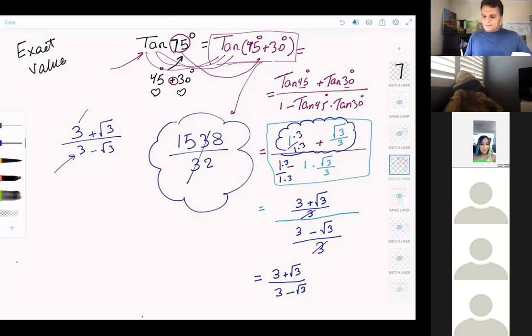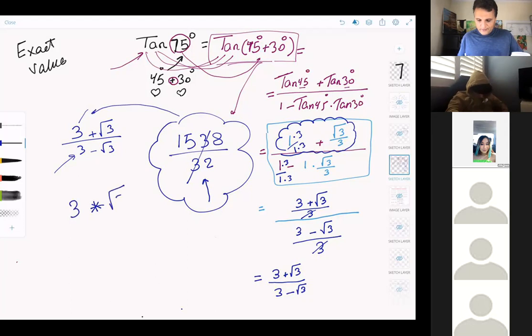I'm sure you don't like this. That doesn't make sense. Same here. Anytime we have adding and subtracting, we cannot simplify. If it was 3 multiplied by radical 5 over 3 multiplied by radical 7, if it was a multiplication, then yes, you could cancel it.